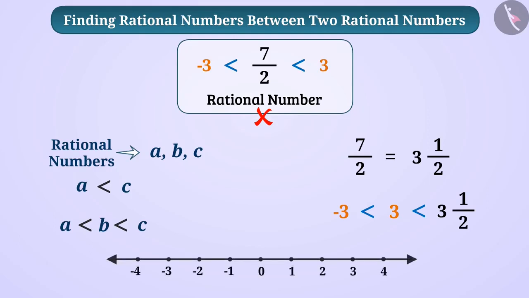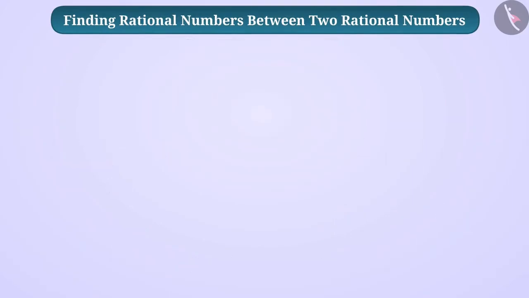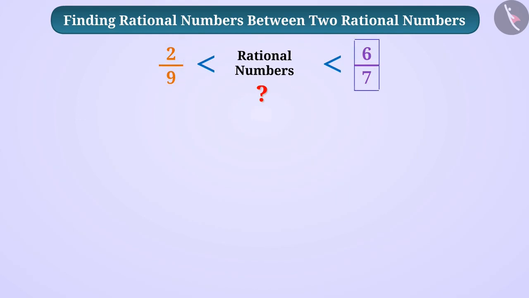Let us now learn some interesting methods of finding rational numbers between two rational numbers. Suppose we have to find rational numbers between 2 by 9 and 6 by 7. For this, we will first make the denominator the same for both rational numbers.